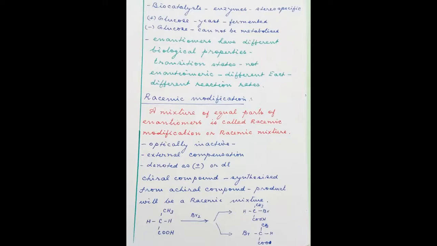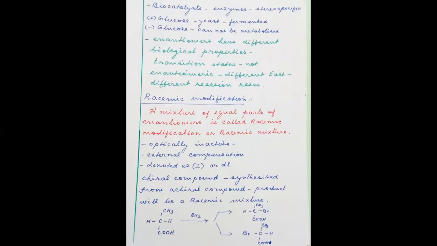Say, for example, I have 50 molecules of plus lactic acid and 50 molecules of minus lactic acid put together in a solution, and I pass plane polarized light through that solution. The 50 molecules of plus lactic acid will try to turn the plane of the plane polarized light towards the right.